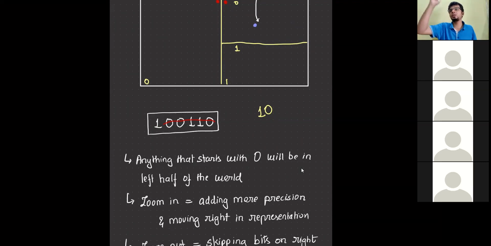If you are zooming in on the top half, it would be 1 0, right? So this way you are actually zooming in and zooming out by cutting short or extending the precision of this binary representation. So this is also a very good way for you to implement zoom in and zoom out.